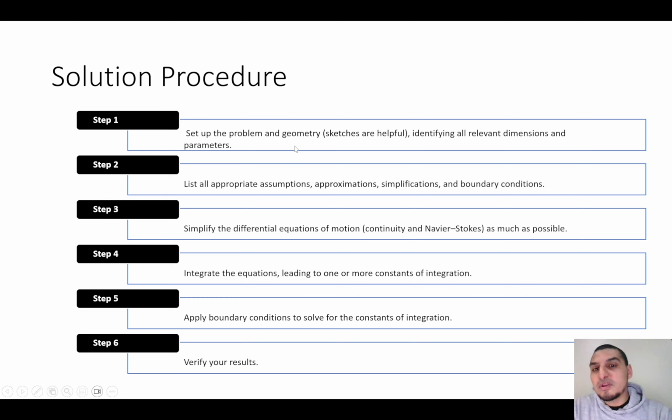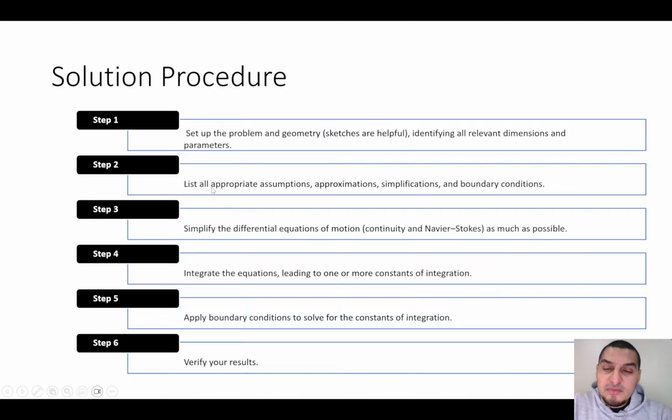This is a very, very important thing, because all the following steps will be built on our understanding of the problem, which will be very dependent on the shape of the system, which the sketch will help us understand.